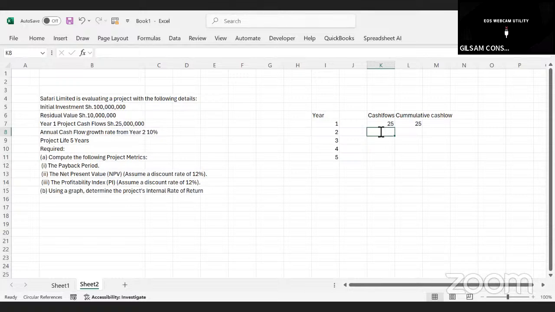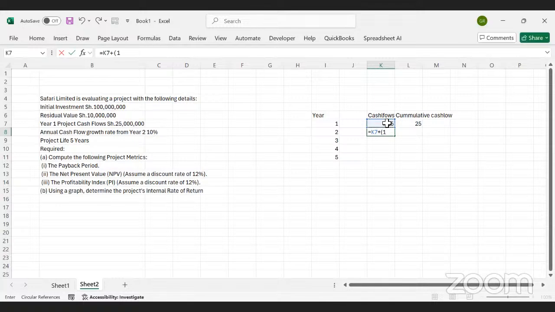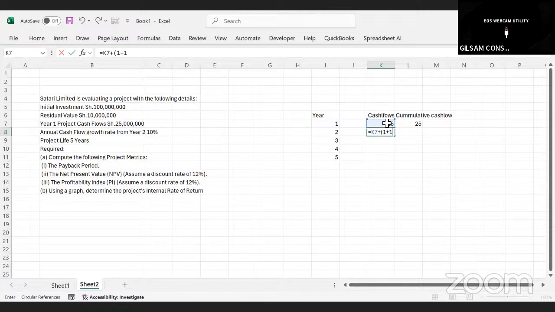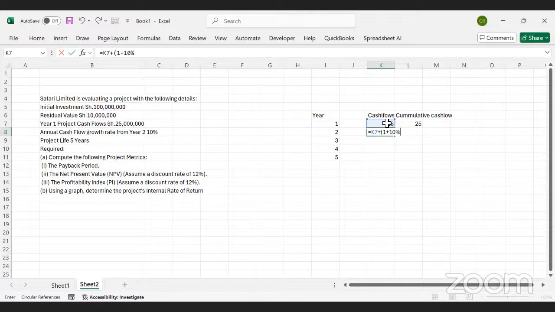So which means we can say this one will be 1 plus g, 1 plus 10%, then you close the bracket.